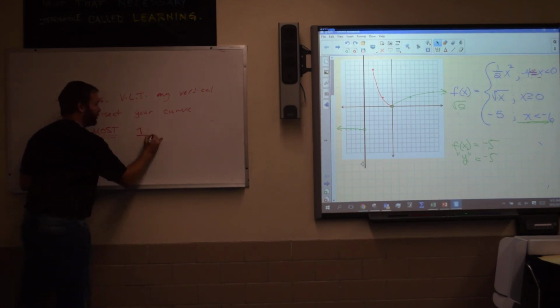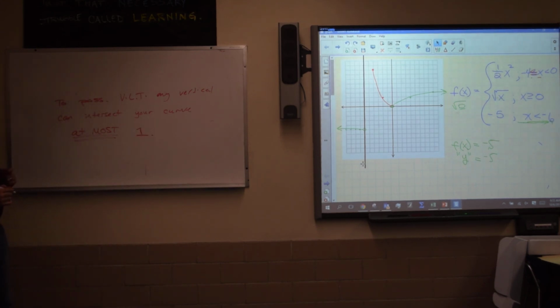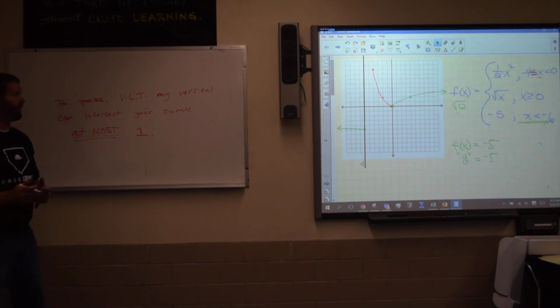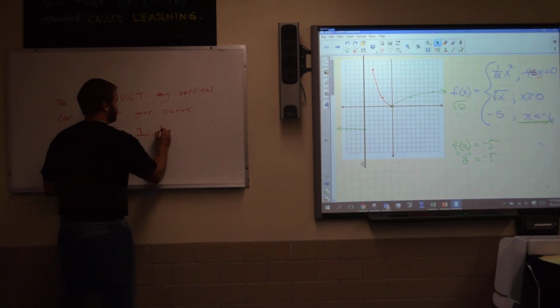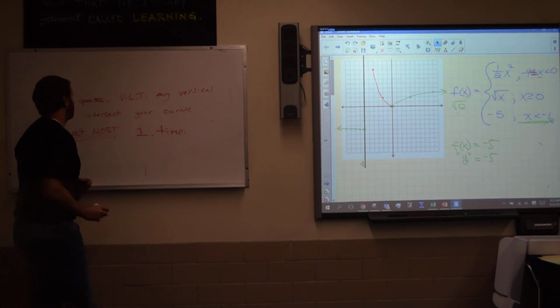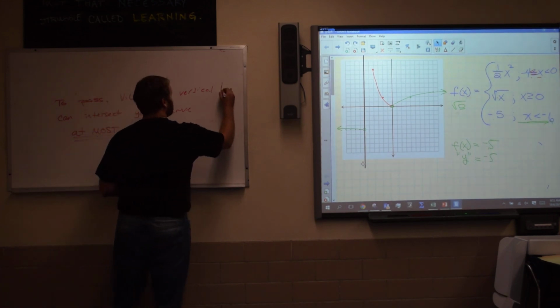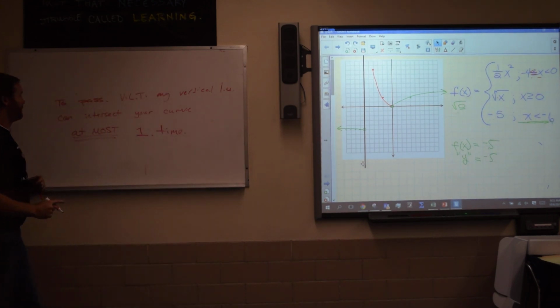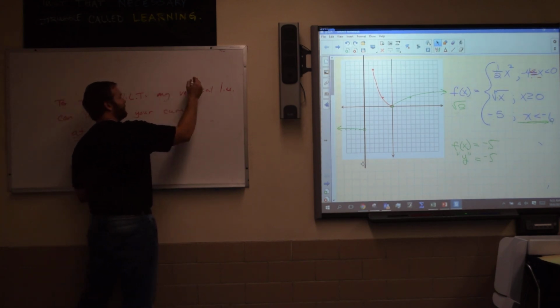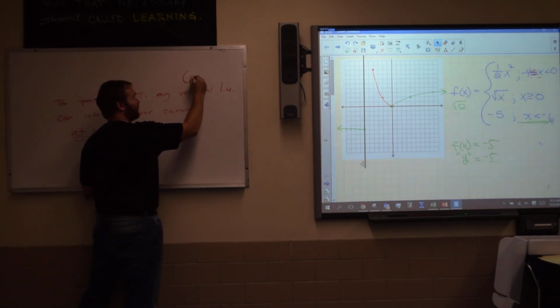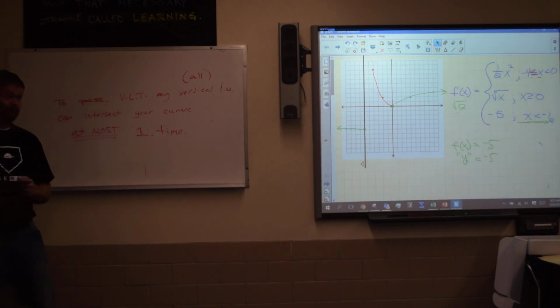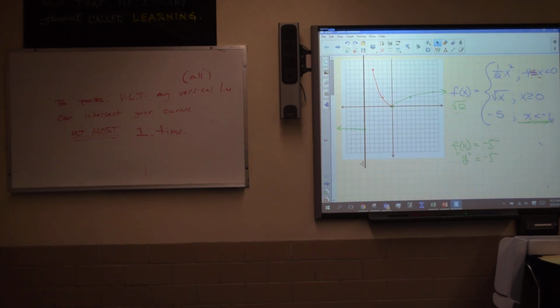There's one time. To pass the vertical line test, any vertical line can intersect your curve at most one time. And when I say any vertical line, we're really thinking about all vertical lines. That's why we're passing that through and moving it from left to right.